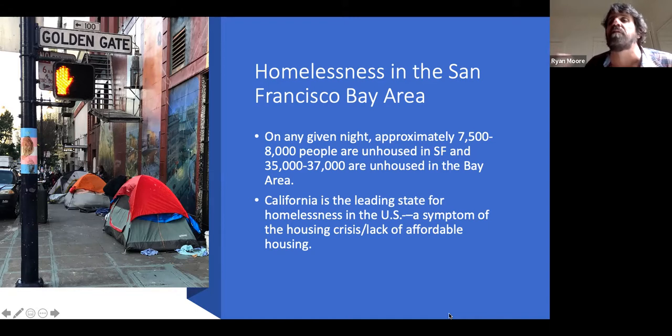The problem is we don't have enough affordable housing. Housing has become a commodity rather than something that is designed to meet human needs. It is designed to be bought and sold, as an investment property and as something that accumulates value over time. And so there really isn't a lot of economic incentive to build affordable housing.